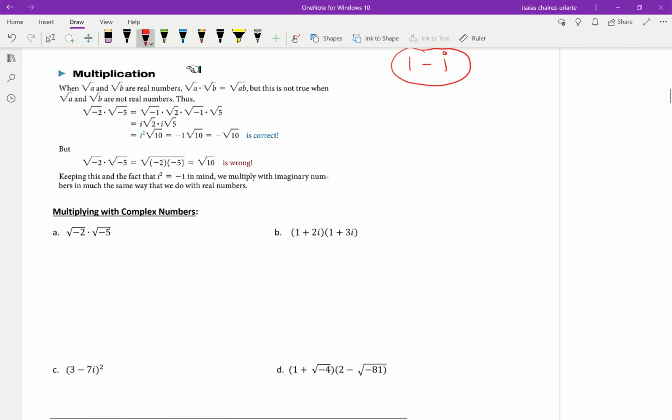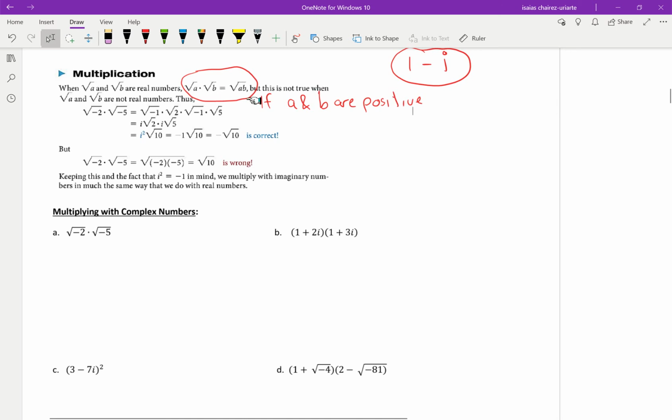This little thing is true if a and b are positive. So if a and b happen to be positive real numbers, then the square root of the product is equal to the product of square roots.